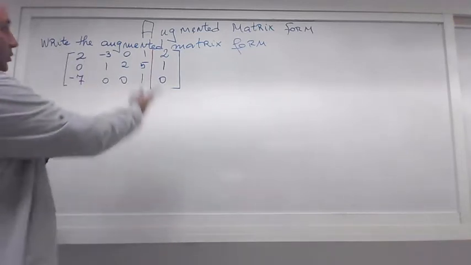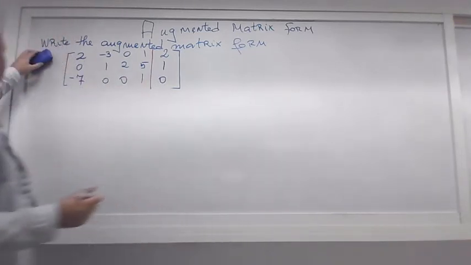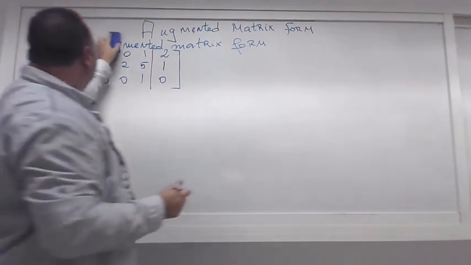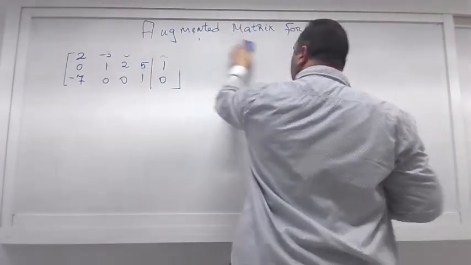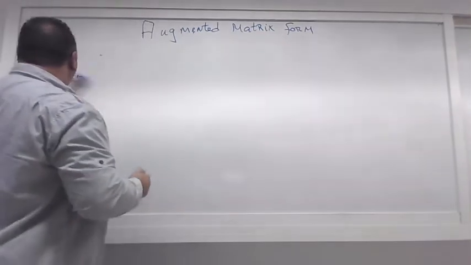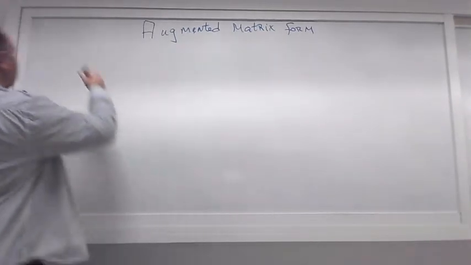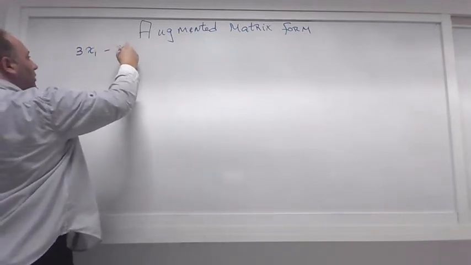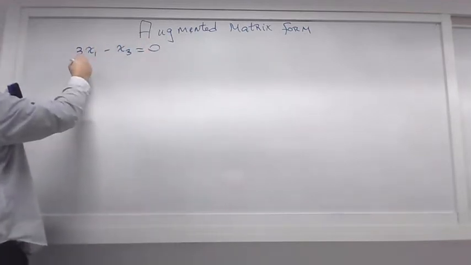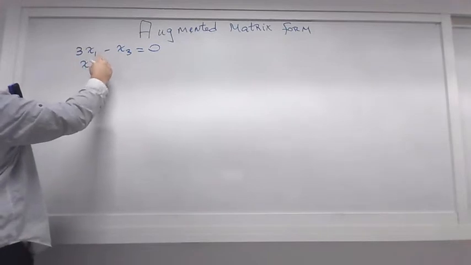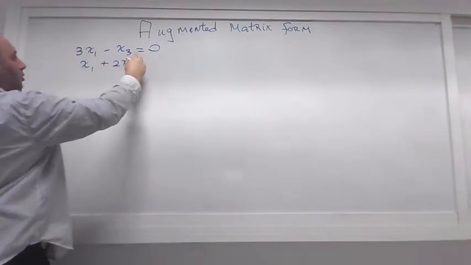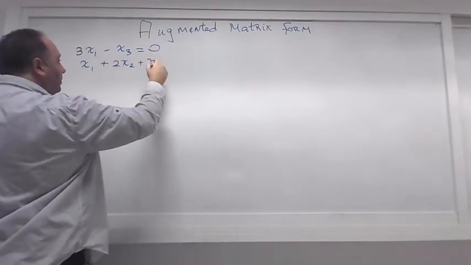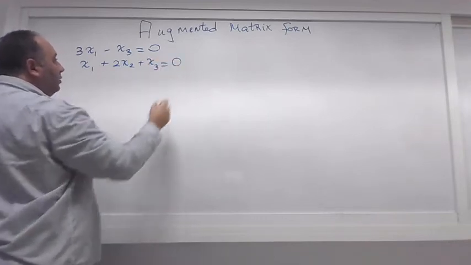So let's have another one. This one was non-homogeneous, so let's find one that is homogeneous. Let's say I have something like 3x1 minus x3 equals 0, and then x1 plus 2x2 plus x3 equals 0.